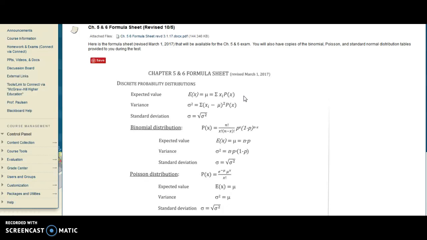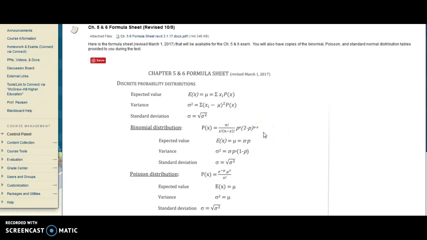We do not cover section 5.3, portfolio returns. This is the formula for the expected value, this is the formula for the variance, and this is the formula for the standard deviation, which is and always has been and always shall be the square root of the variance.